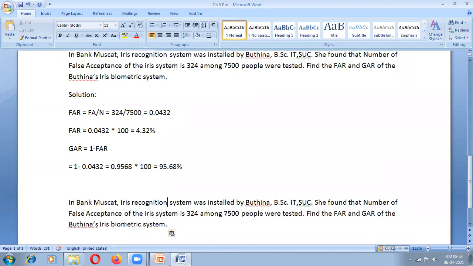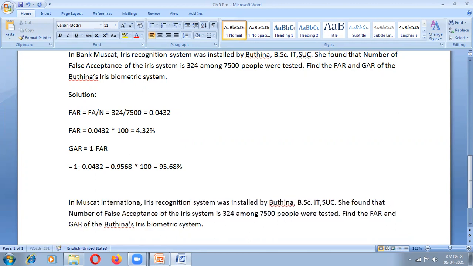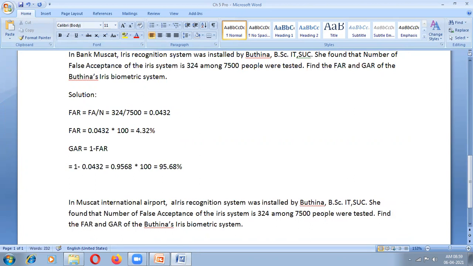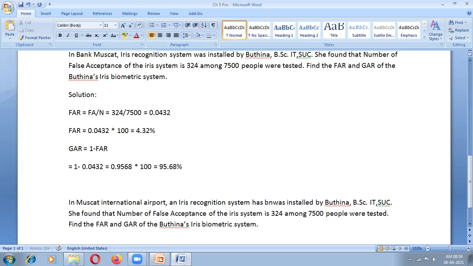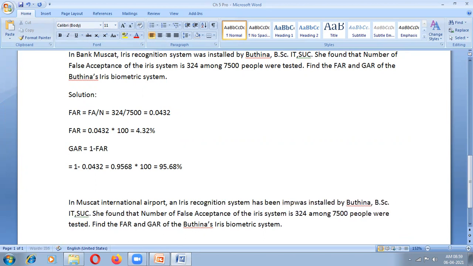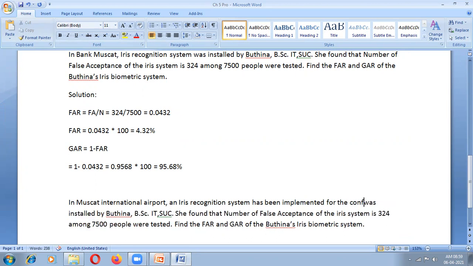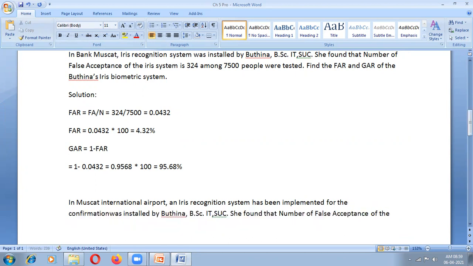In Muscat International Airport, an iris recognition system has been implemented for the confirmation phase.